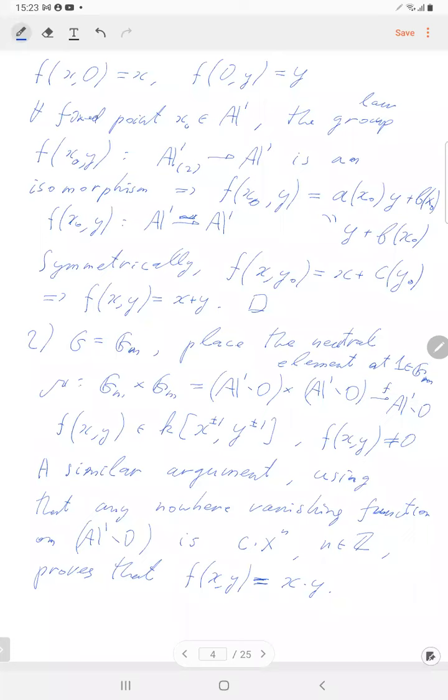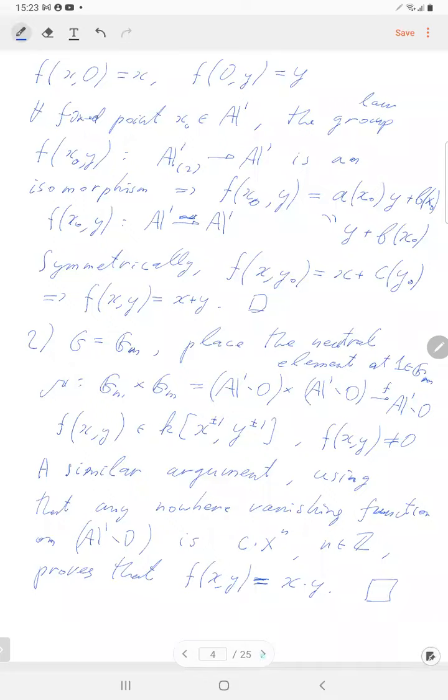Okay, so it never vanishes. So there are no roots. But since we consider the punctured line, there may be some roots at 0. But away from 0, no roots at all. Welcome. So this is it. This theorem is proved.